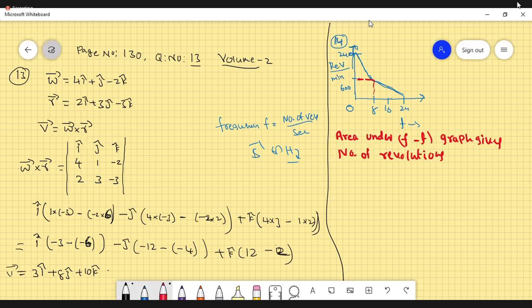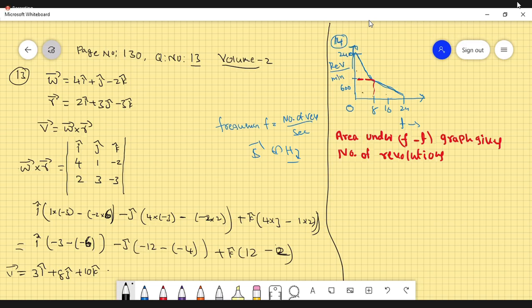Calculate the area of that one. So here two triangles, yes, two triangles. Triangle, rectangle, triangle. Calculate that one.